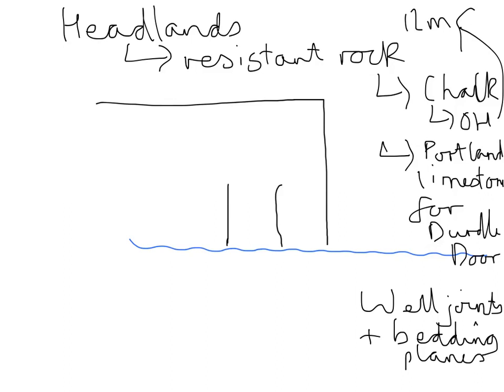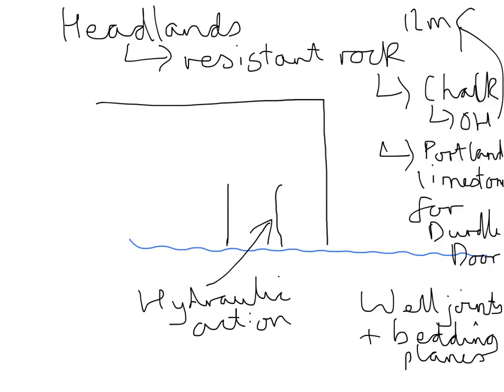What happens? Well, first of all, where you have joints in the rock and chalk, these are eroded by marine erosion, particularly hydraulic action. And as waves crash against the cliff and the joints, air is compressed into the joints, and it's put under a lot of pressure.